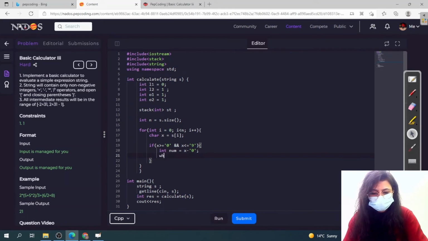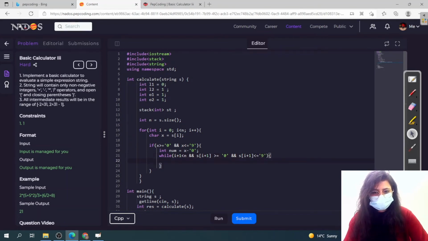Then we'll see while i plus 1 is less than n and string of i plus 1 is greater than or equal to 0 and s of i plus 1 is less than or equal to 9, then what we will do is increment i and num will get updated.